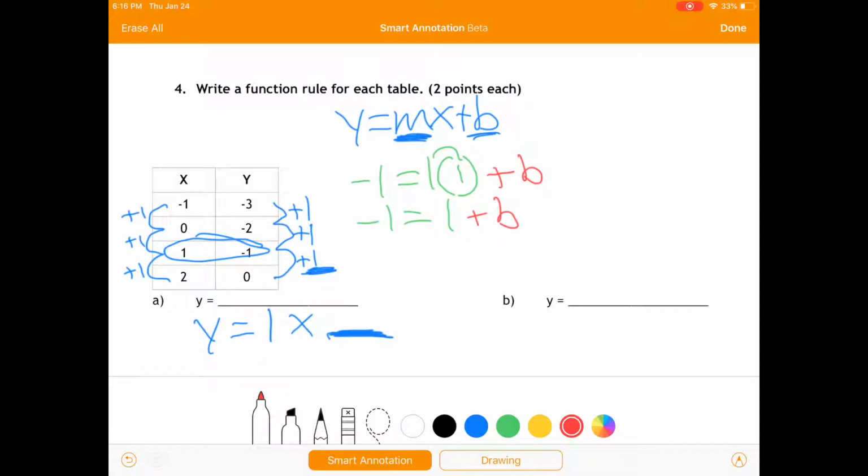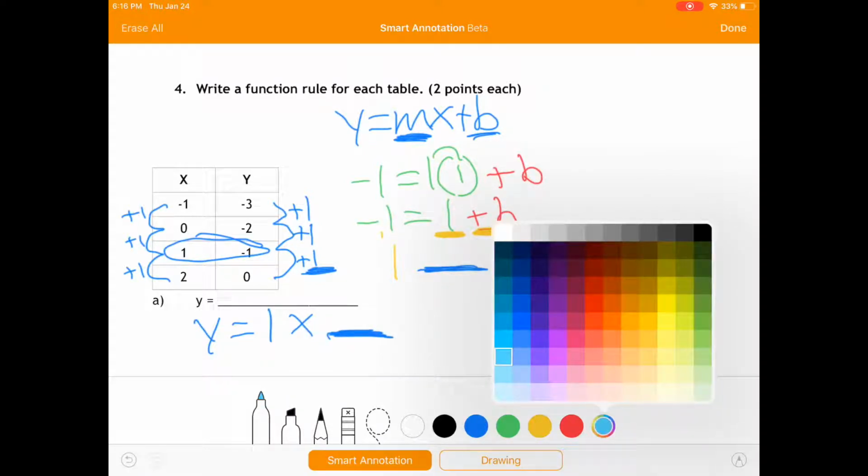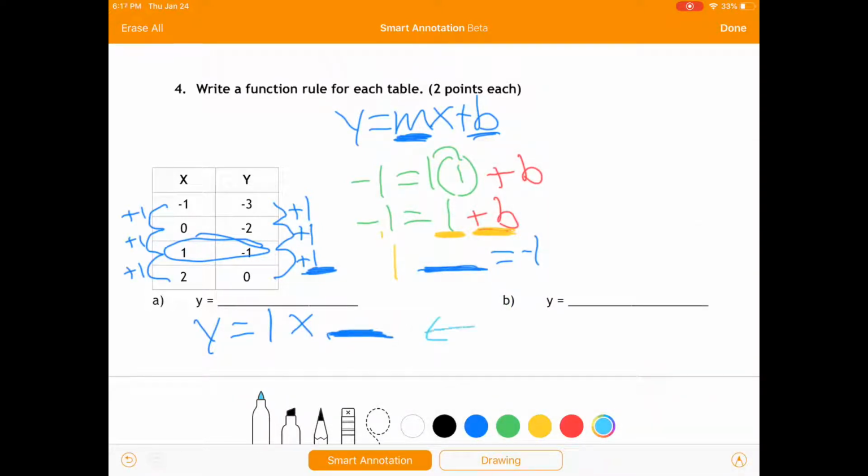Now, what do I have to do to this 1, using this b, to get to negative 1? How I like to write it is 1 something gives me negative 1. Well, I'm going to start at positive 1 on the number line, and I want to get to negative 1.